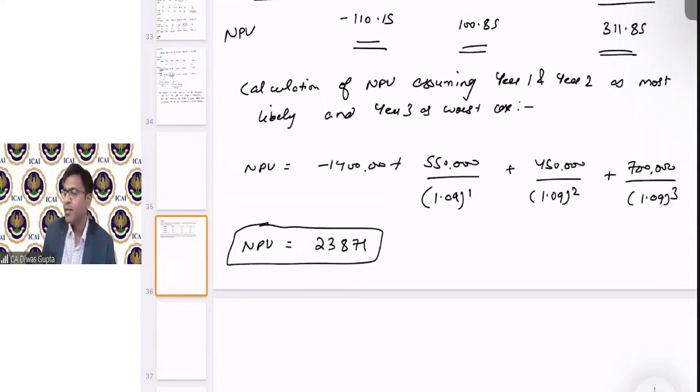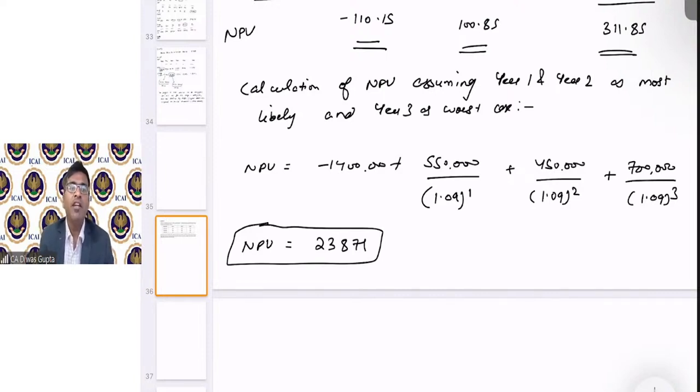Okay. So now I'll just spend 2 minutes to recap the previous session and in this session till now what we have studied. So students, we started our discussion with understanding the recent trends or the current trends in capital budgeting, in which we said that inflation plays a very big role.